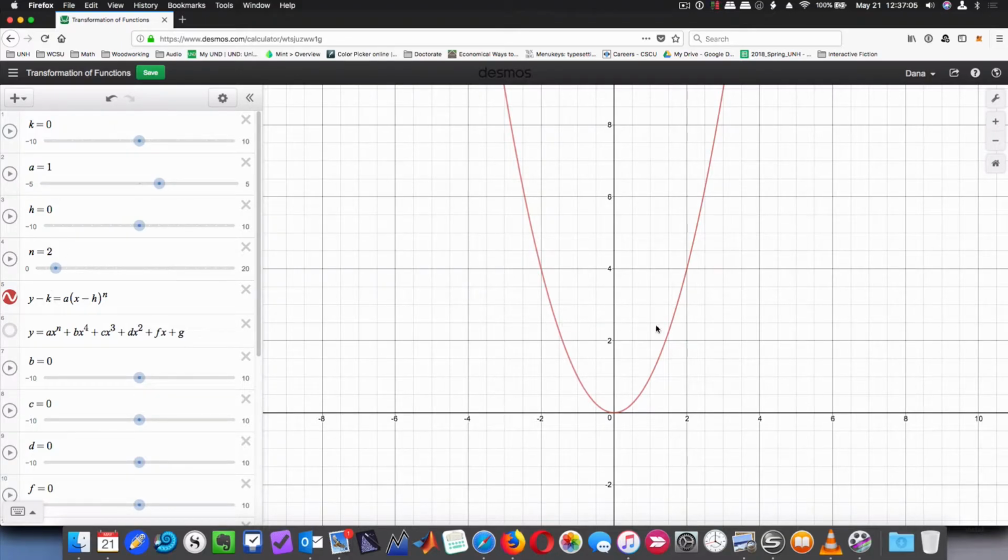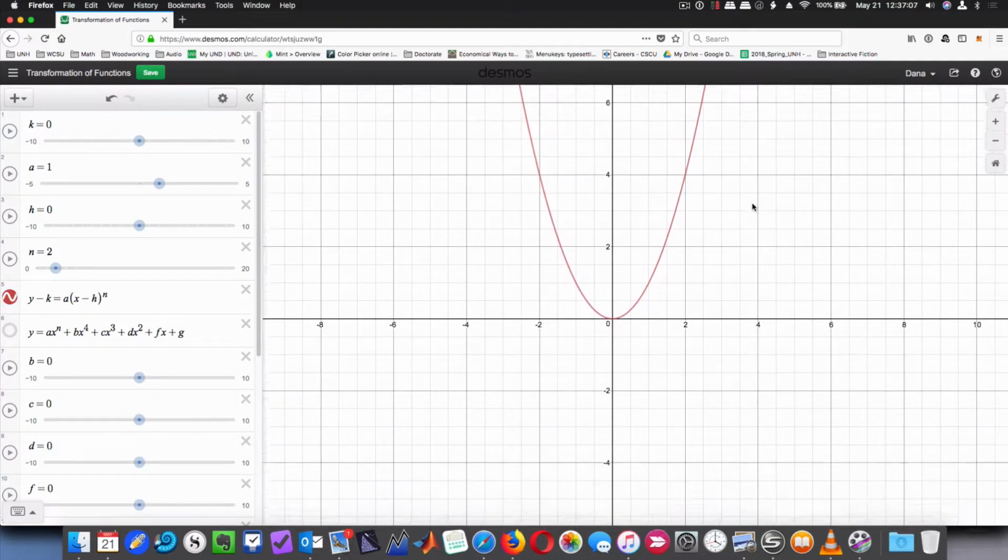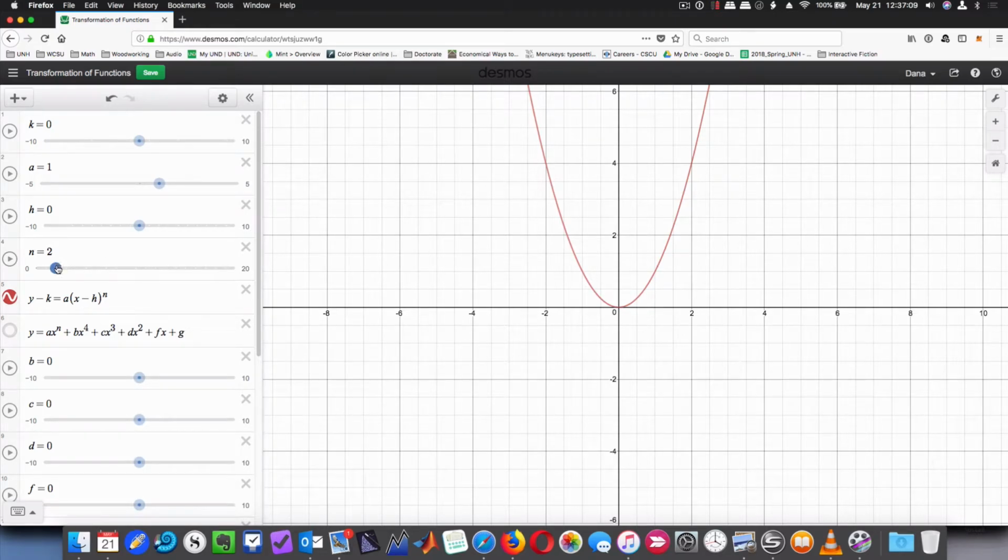If I change this from 2 to 3 now, you're going to get the polynomial function y equals x cubed, because I have not changed any of the other numbers. And if I move it up again, it's going to be y equals x to the 4th, y equals x to the 5th, y equals x to the 6th, y equals x to the 7th.